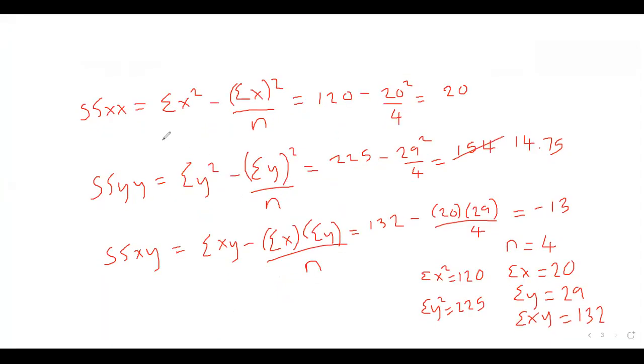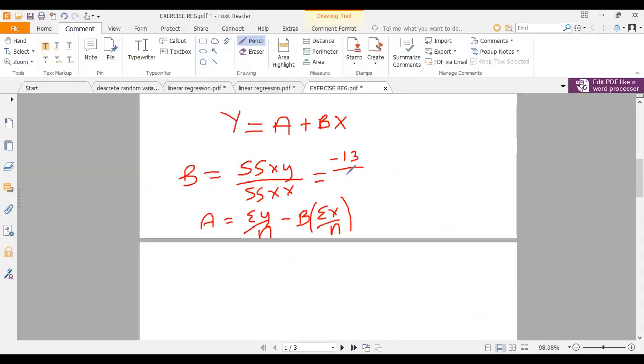So we have xy, which is negative 13, over xx, which is 20. What are we getting? Negative 0.65. Cool.